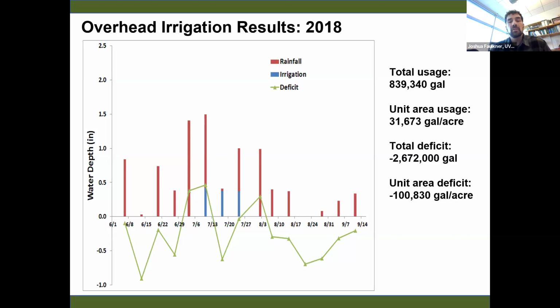So this farm, with tools and adequate infrastructure, could have utilized another 100,000 gallons per acre of irrigation water. Again, this farm is not using any tools, which is typical of many farms in the region. So it shows you what's possible in terms of under application.